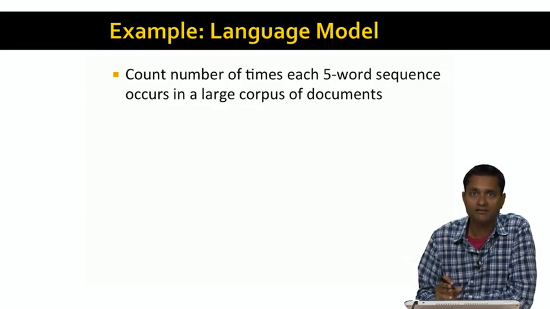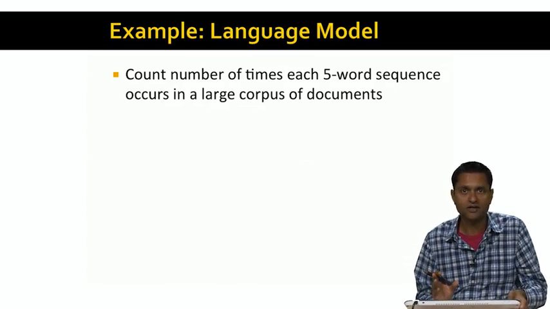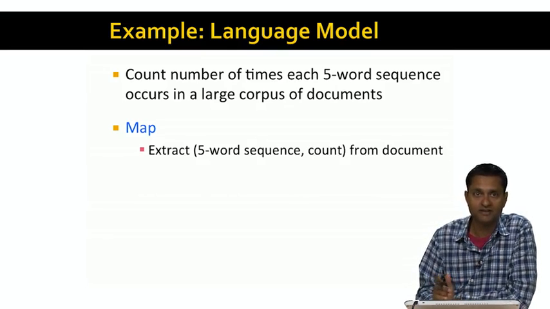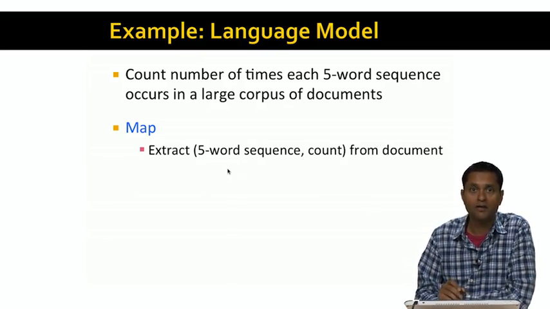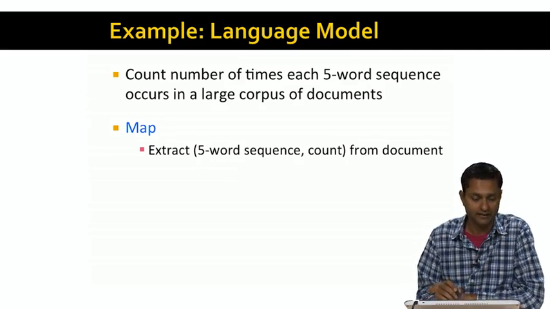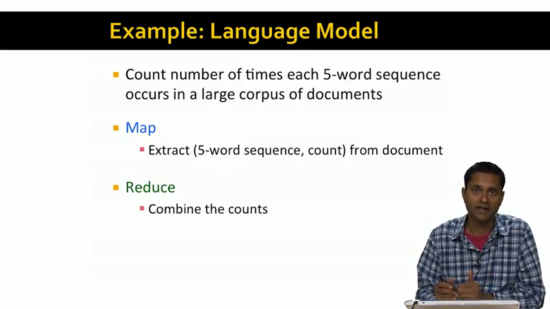This example asks for each 5-word sequence. It turns out that the solution is not very different. Just the map function differs. The map function goes through each document and outputs every 5-word sequence in the document. The reduce function just combines those counts and adds them up, and you have the output.